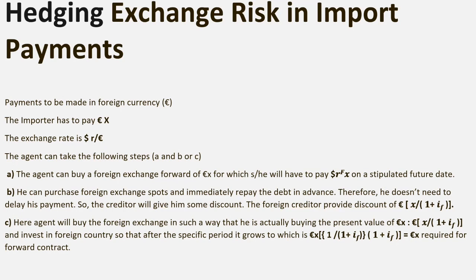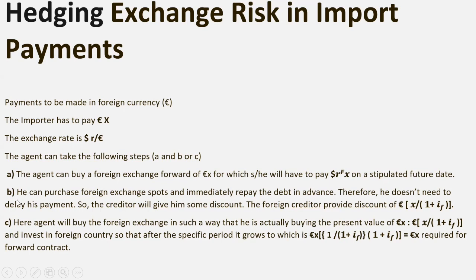The first step is the agent can buy foreign exchange forward of euro X, for which he or she will have to pay dollar RFX on a stipulated future date. Here, RF implies the forward exchange rate.